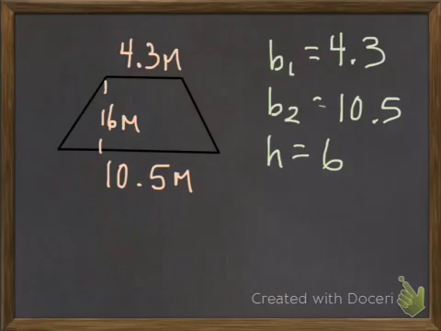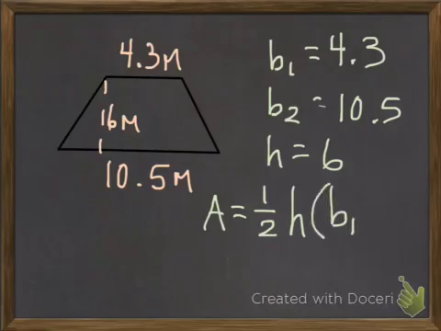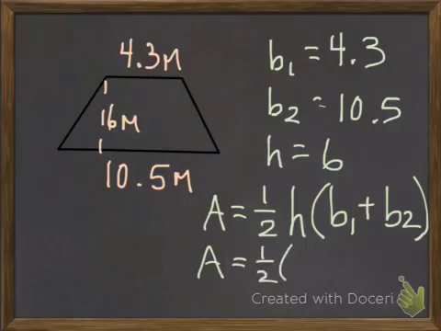So you need to write first thing, area equals 1/2 times h times (b1 plus b2). Next step, plugging it in, area equals 1/2. Your height is 6, so I'm going to put this in parentheses.